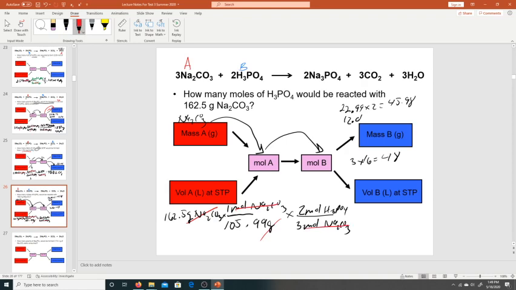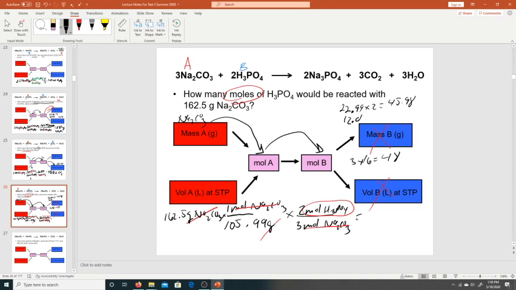B over A. Now the question said find how many moles. That was our question. So now that we have moles here, we stop. Again, I do not need to find the mass or volume or anything of that nature. So I'll do the calculation. 162.5 divided by 105.99 times 2 divided by 3.